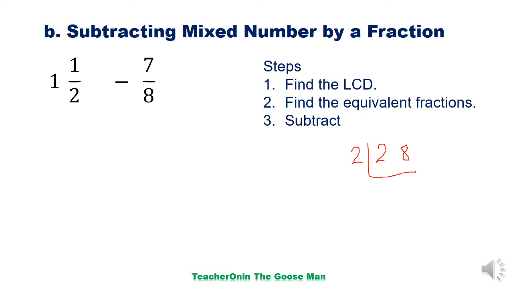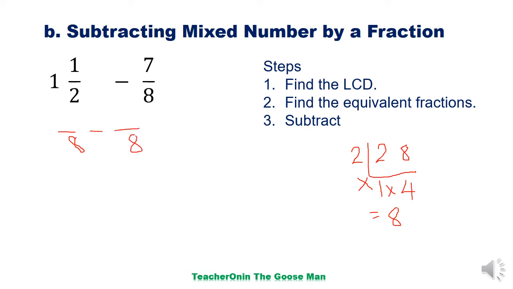So 2 divided by 2 is 1, and 8 divided by 2 is 4. And then, there's no number that can divide 1 and 4, so we will multiply 2 times 1 times 4, so the LCD is equal to 8. So, now, since our LCD is equal to 8, so we'll write here 8.